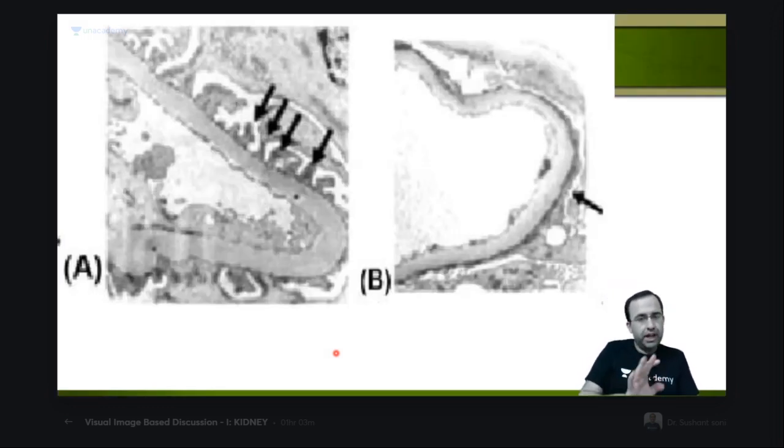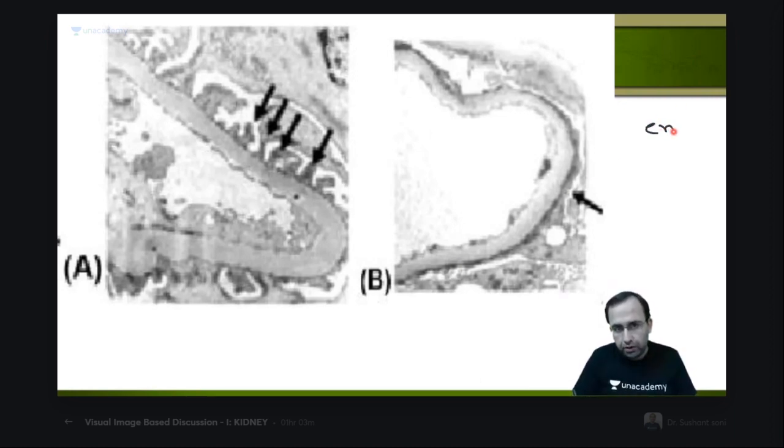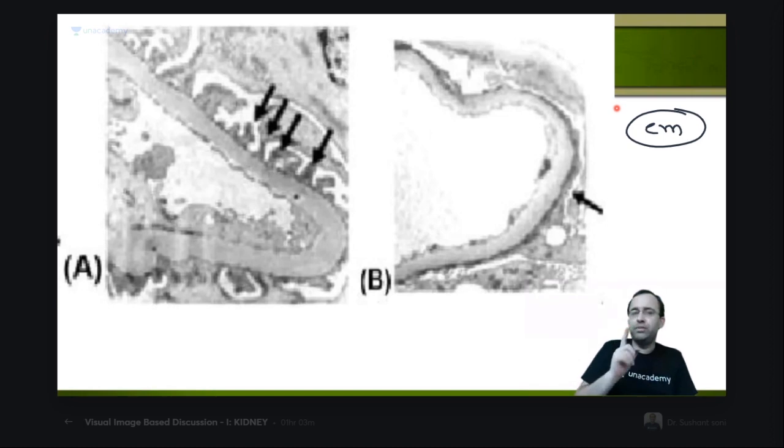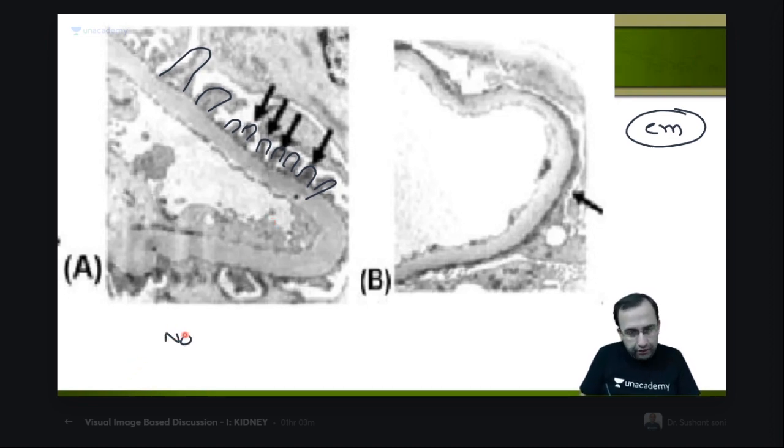Next, diagnosis. Now, this is a spotter. Firstly, electron microscopies are asked. Secondly, the point of interest in electron microscopy will always be marked with an arrow. What we see in the first slide are the foot processes of podocytes. The first slide is normal.